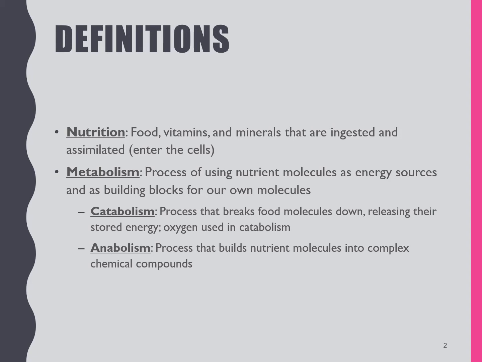So the process of metabolism is using these nutrients, and there's 2 ways that we do this. One, we break them down through the process of catabolism so that we can get energy to our cells, and the other way is through anabolism, which is the building of smaller molecules into bigger ones.